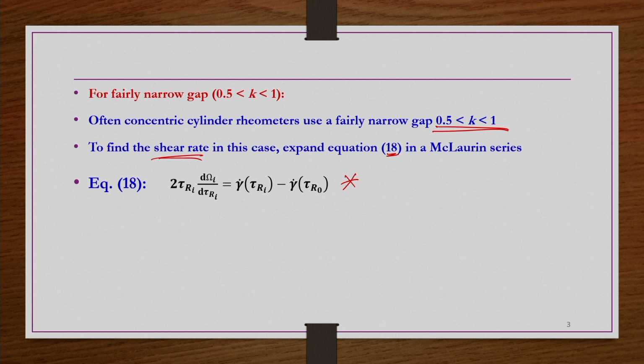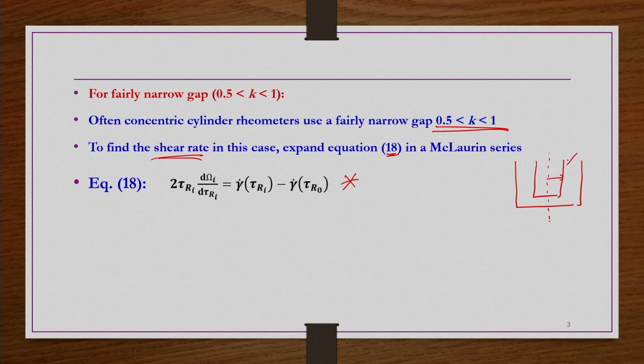Recapitulating again, tau Ri, with suffix Ri, is the shear stress measured on the inner cylinder surface. Tau R naught is the shear stress measured on the surface of the outer cylinder. That is the difference, right? Your geometry is like this, a concentric cylinder geometry. So this is Ri.